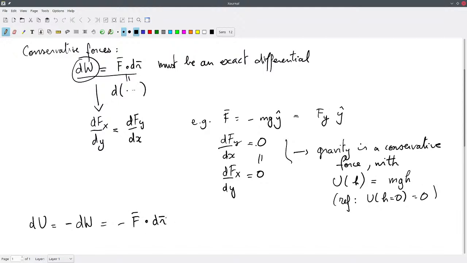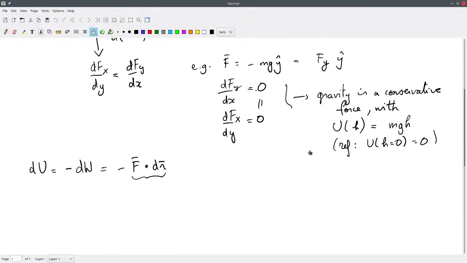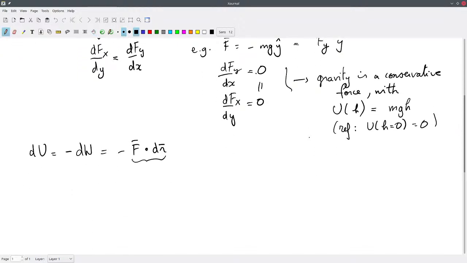And we can actually choose any direction if we're looking at a change in potential energy. If we're thinking, for example, of something moving along a single axis, we can choose our dr to be in this direction or in that direction.